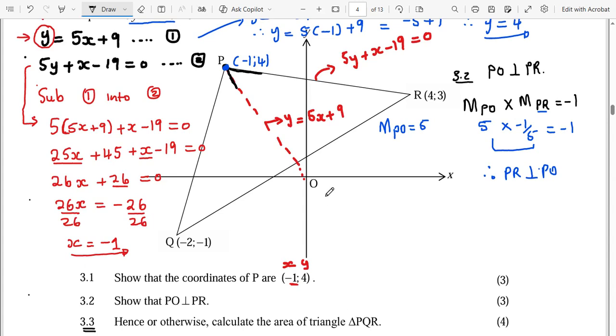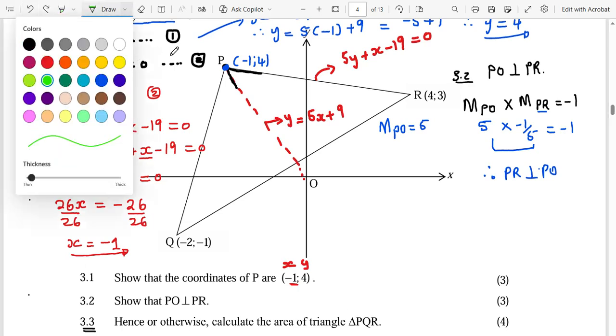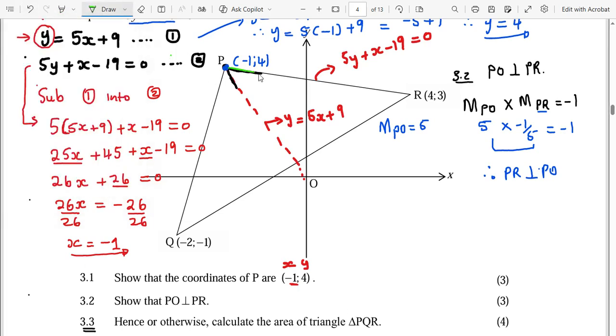I think it's best if we find this line here, that's my PR, and maybe we can get PQ, which is this line here.